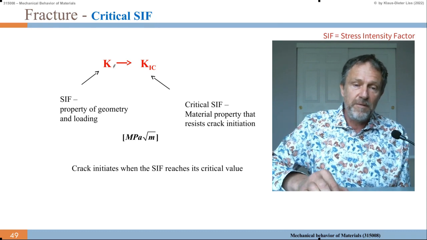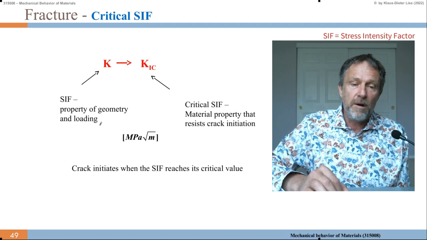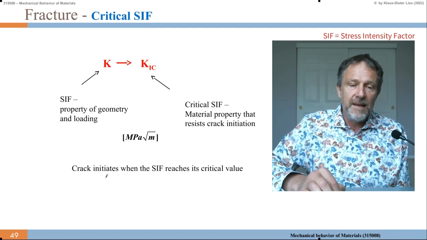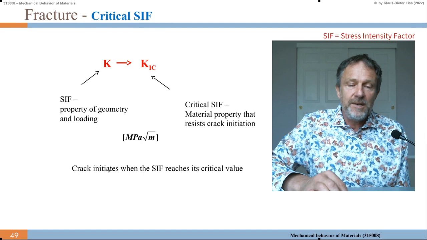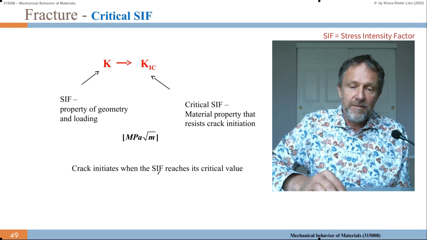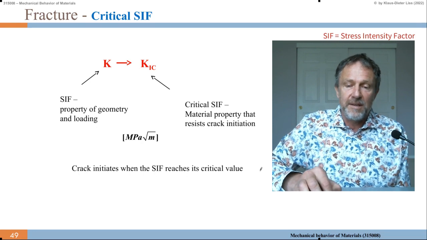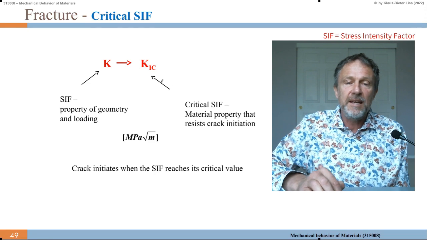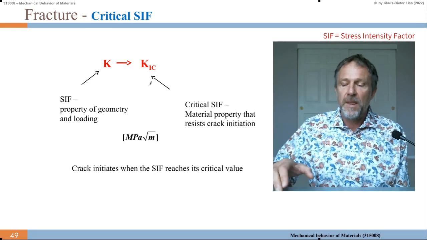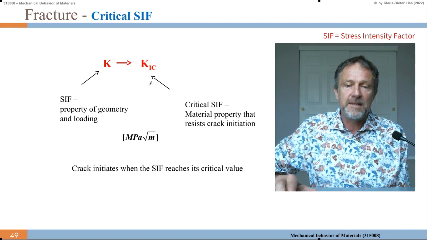So if we now increase the load or change the geometry, then the crack initiates when the stress intensity factor reaches its critical value. And these K1C values may be tabulated for various materials, which I show at the end of this lesson.